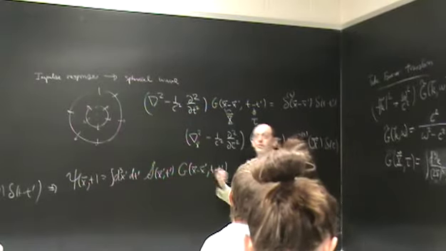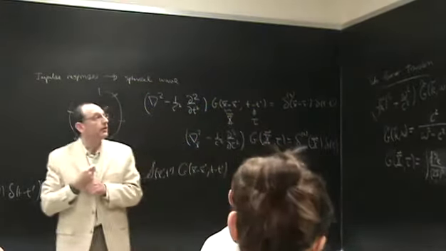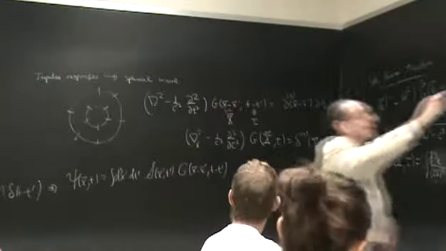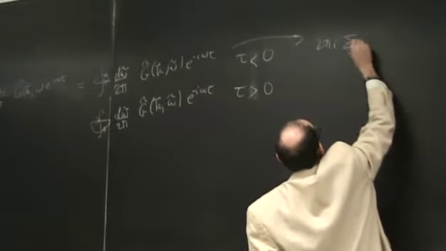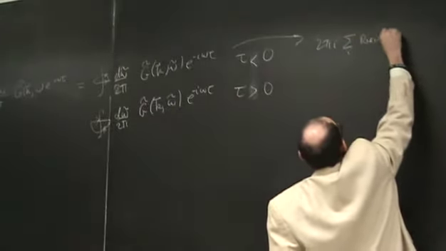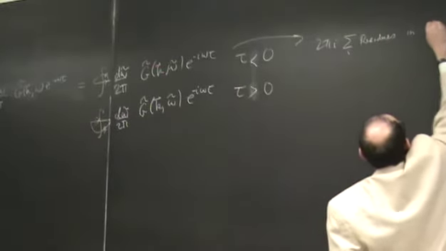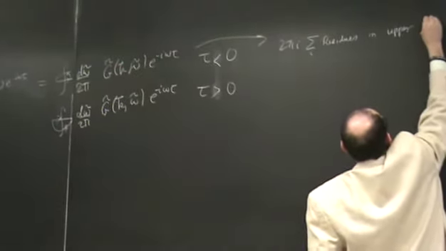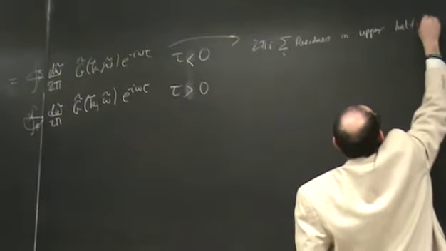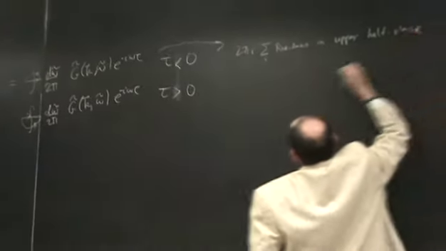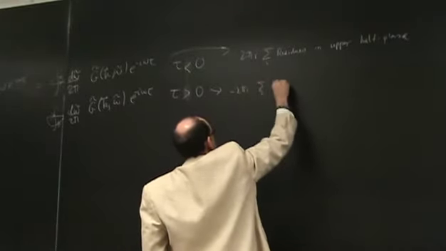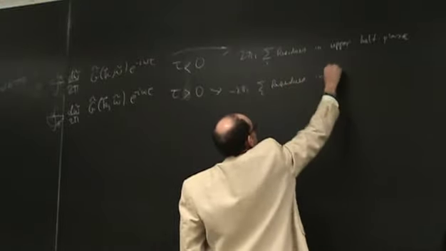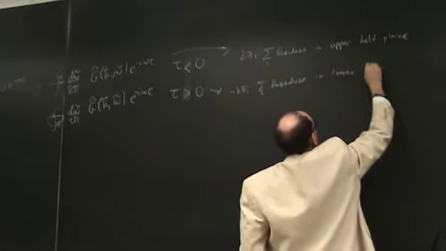They can't depend on what the sources were doing in the future. But remember that this integral is related to 2 pi i times the sum of the residues in the upper half plane of the complex omega plane, and this is minus 2 pi i times the residues in the lower half plane.